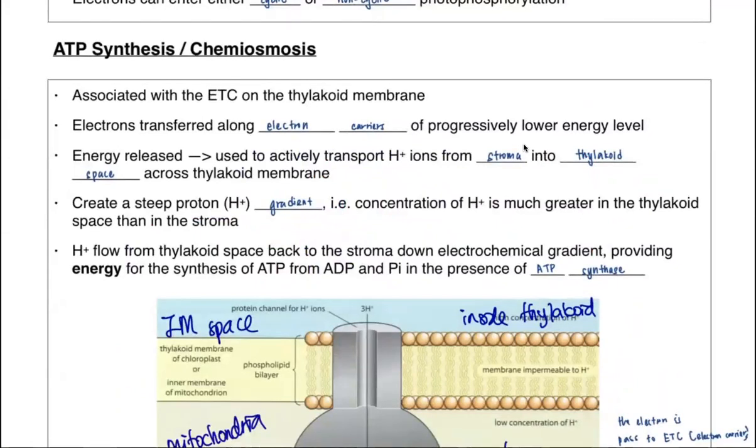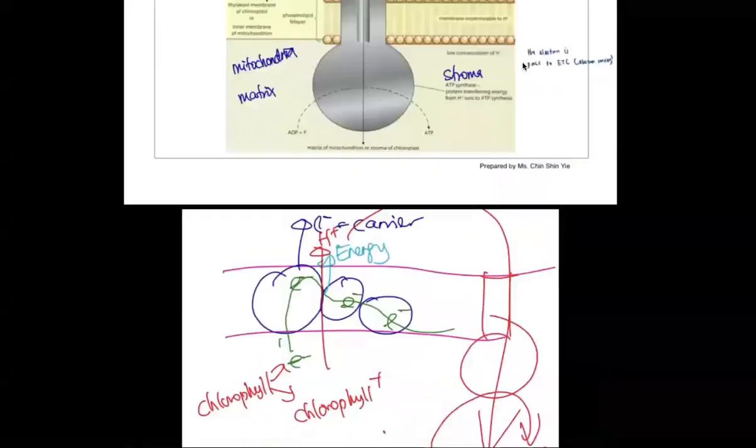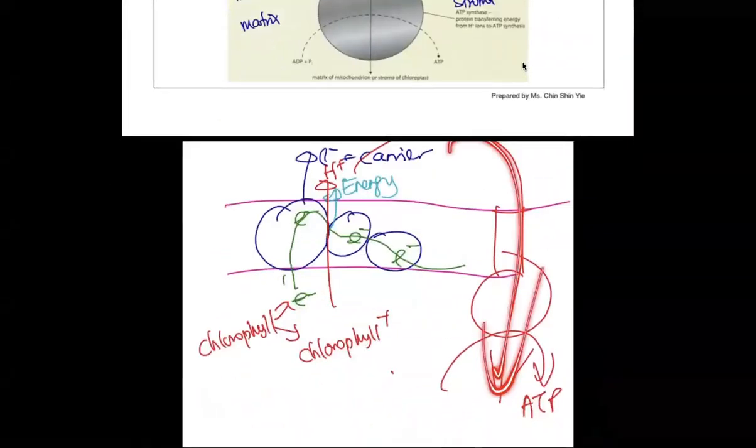This electron is also transferred, and used to pump hydrogen ion. And again, very similarly, ATP is produced.